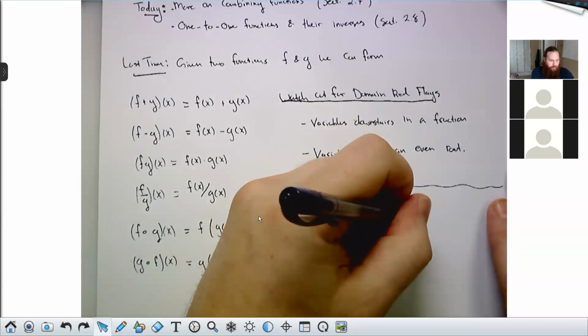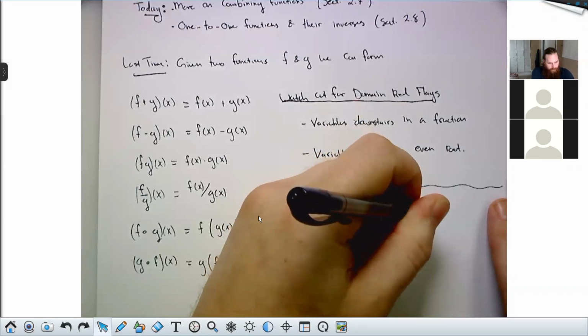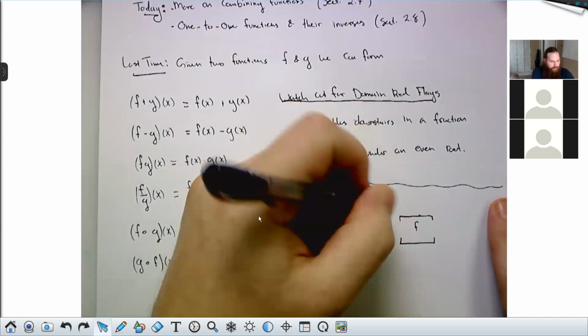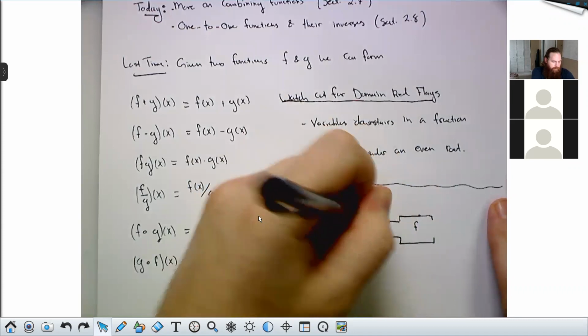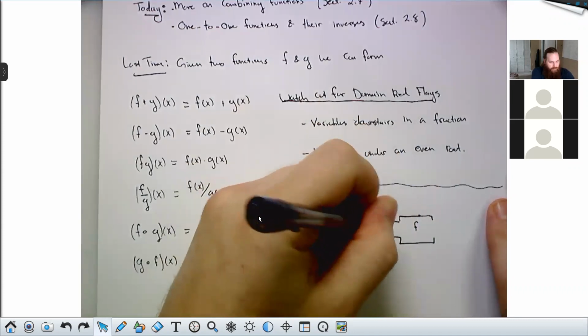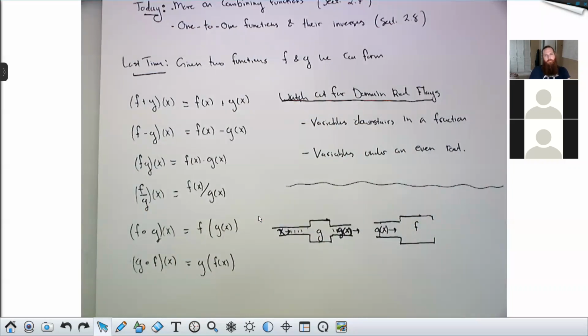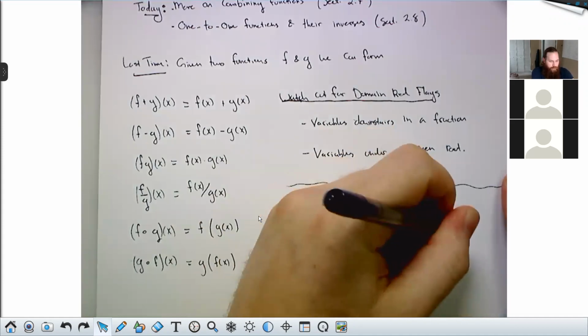You could take the machine for g and the machine for f and put them next to each other on the assembly line. So as the input for f, I use g of x, then what will come out? Well, I'm taking in g's and I'm doing f to it.